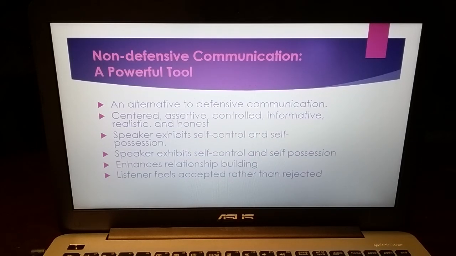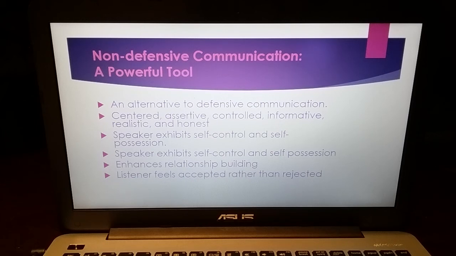so non-defensive communication is very important. It's the idea that the person who is giving it has a lot of self-control and is very self-assured. It can enhance the relationship between the people. It makes the listener feel like they're being accepted rather than rejected.